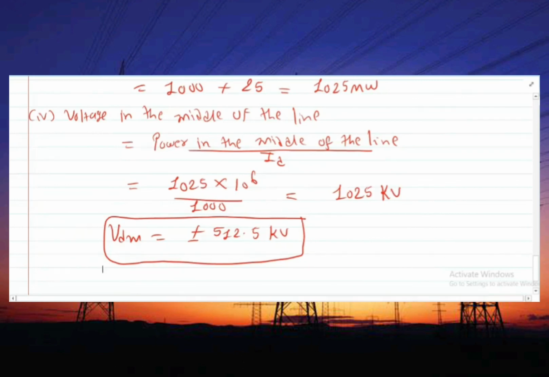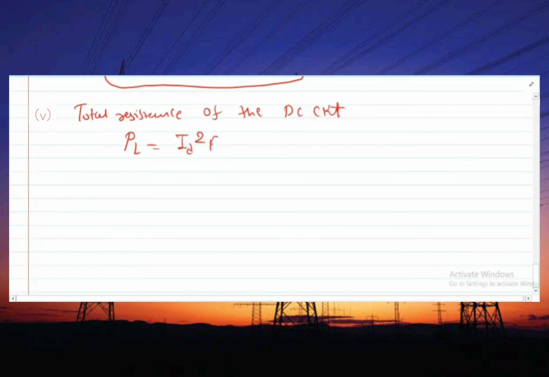And the last one, the fifth one, is the total resistance of the DC circuit. You know the equation of losses: PL is equal to ID square R. You know the value of PL, it is 50 megawatt.